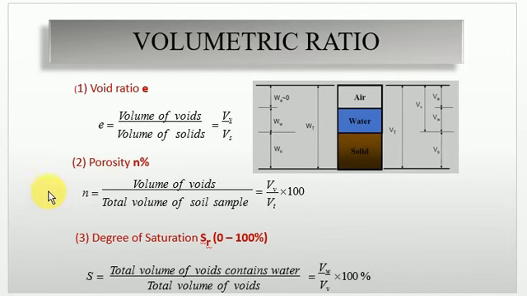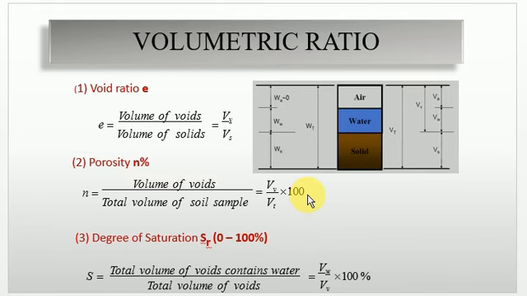So the basic difference between void ratio and porosity is that in void ratio we take Vv upon Vs, and in porosity we take Vv upon Vt, where Vt is the total volume of soil, into 100. Here we take percentage, that's why multiplying with 100.